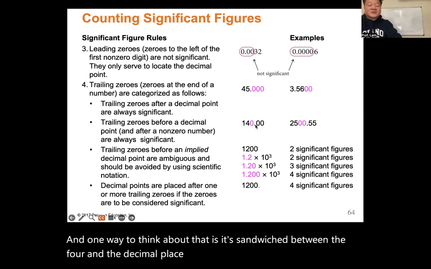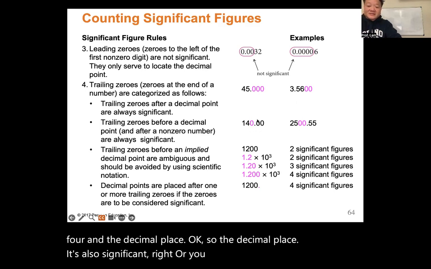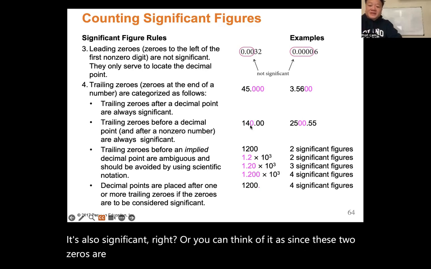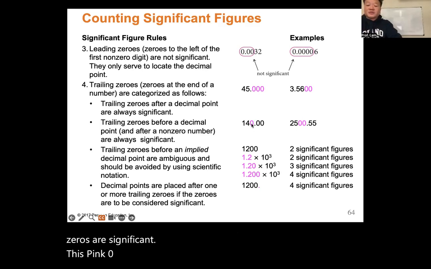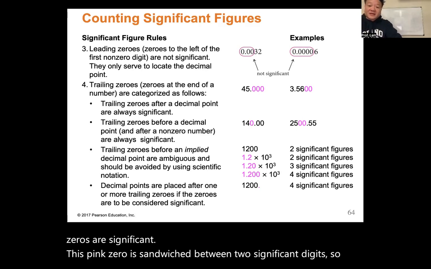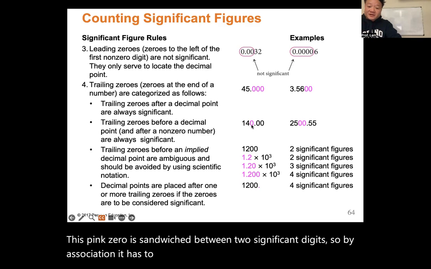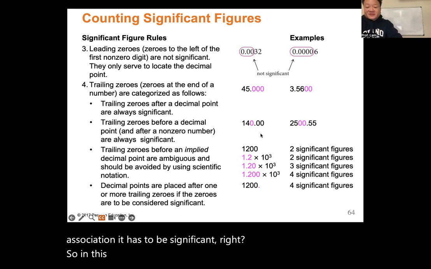Okay, so the decimal place is also significant, right? Or you can think of it as, since these 2 zeros are significant, this pink 0 is sandwiched between 2 significant digits. So by association, it has to be significant, right? So in this number, 5 sig figs total.